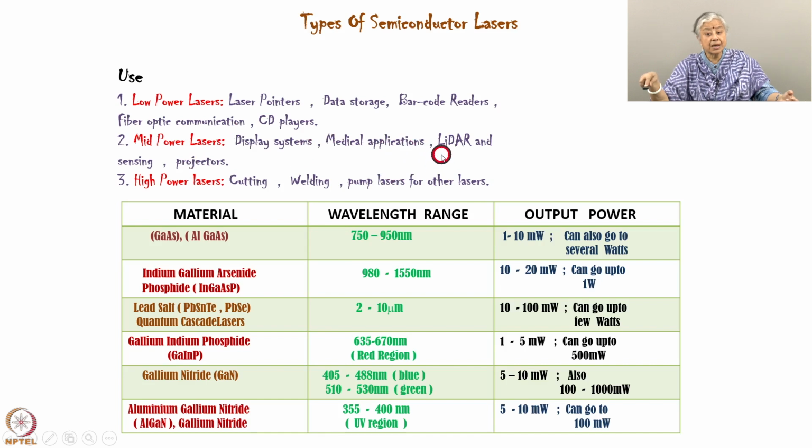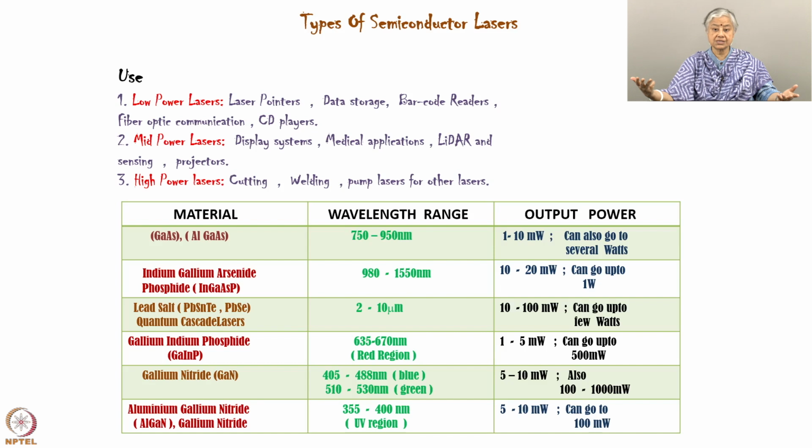Then a very important application is the LiDAR. LiDAR, LI stands for light detection and ranging. Okay. LiDAR stands for light detection and ranging. That means it is like a sensor, it senses the distance of objects.